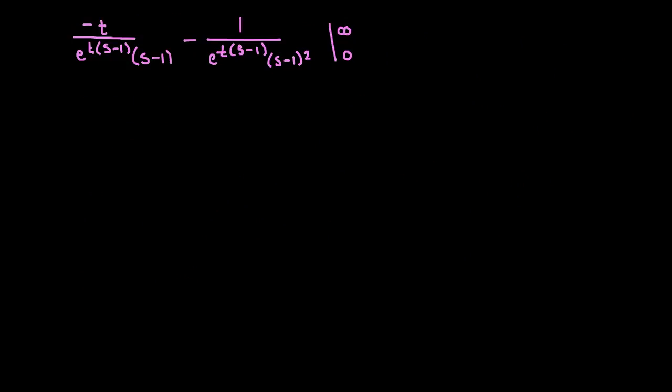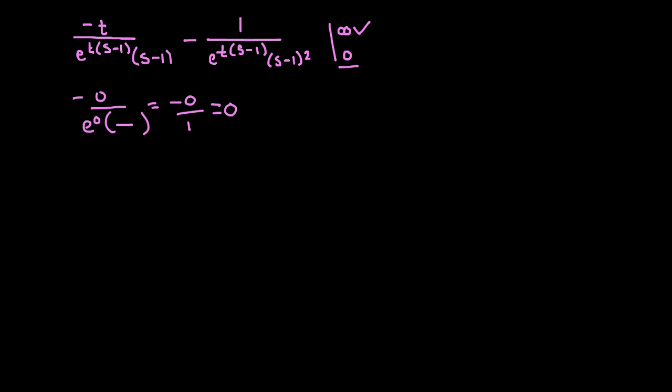Continuing on, we just finished plugging in our limit of infinity, so now it's time to plug in 0 for all of our t's. Doing that, it's going to be negative 0 over e to the 0 times the rest of this. Again, it doesn't really matter what it is, so it's going to be negative 0 over 1, which is just going to equal 0. That's the left-hand side.